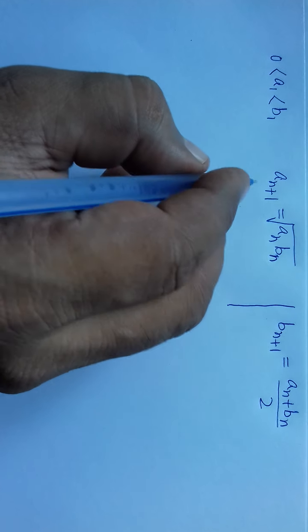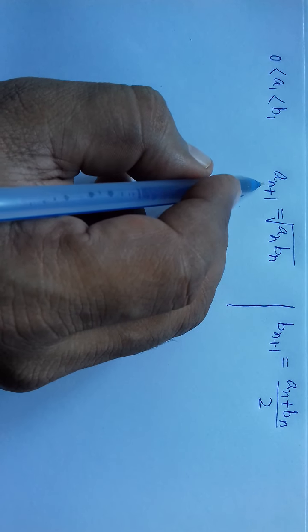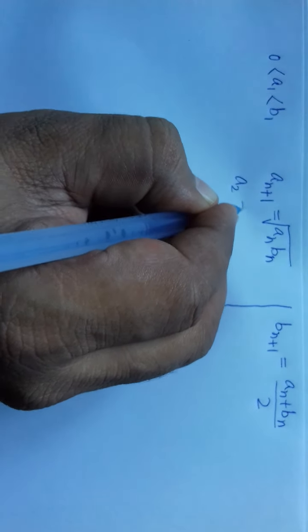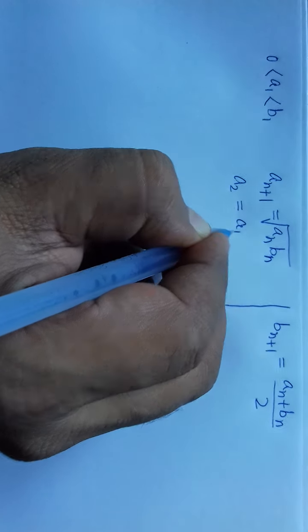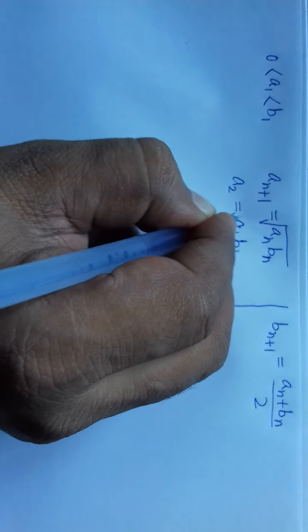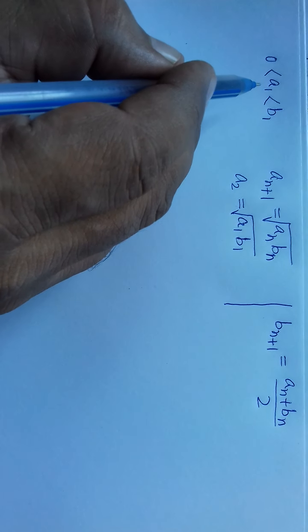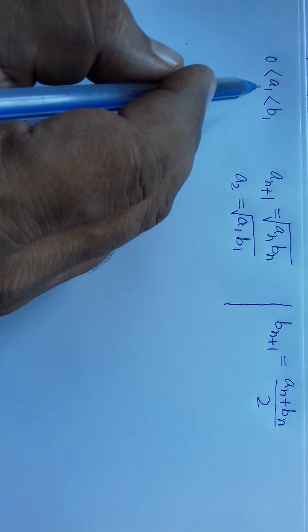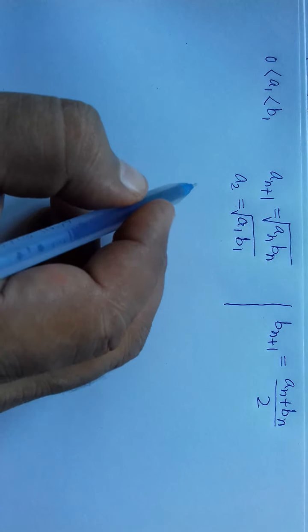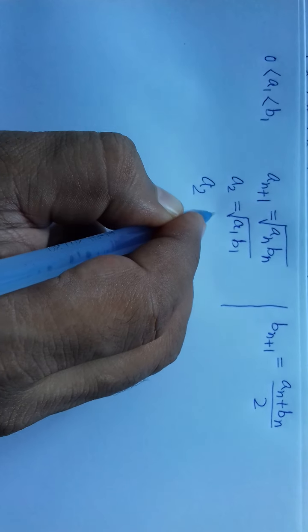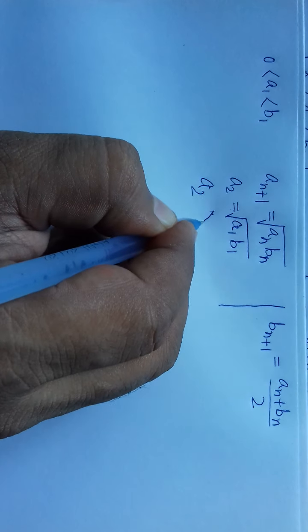At the place now we put n equals to 1 in it. So we have a2 equals root of a1 b1. Now at the place of b1 we can put a1, but a1 is less than b1, so here we have to give a less than sign.